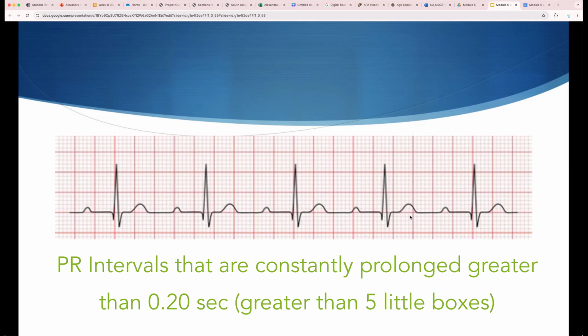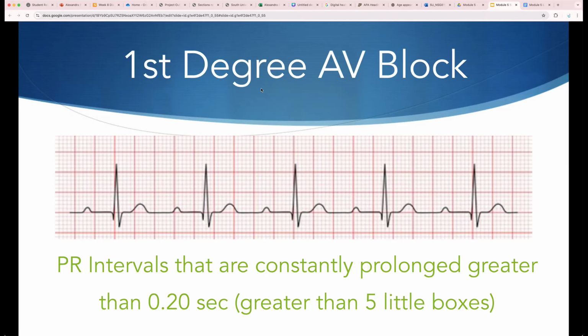So what is this rhythm? This is first degree AV block, and you can say that this is sinus rhythm with first degree AV block.